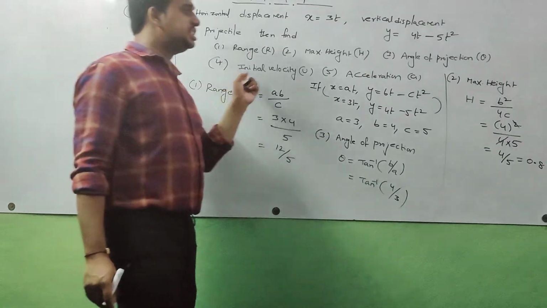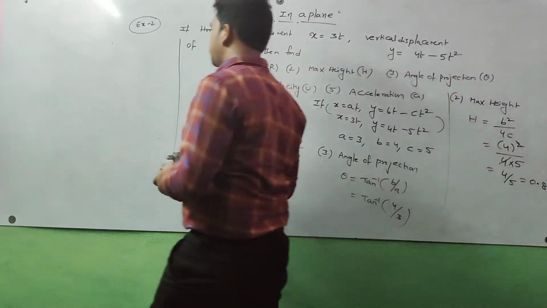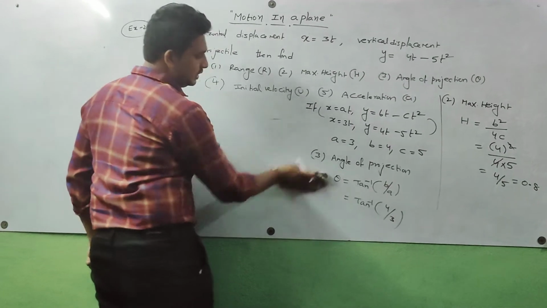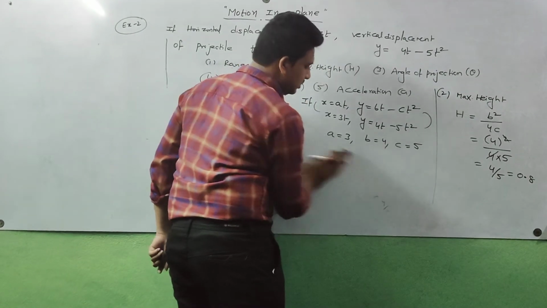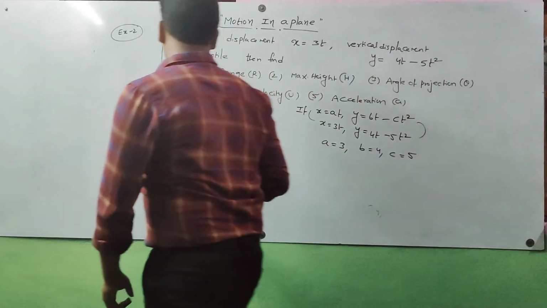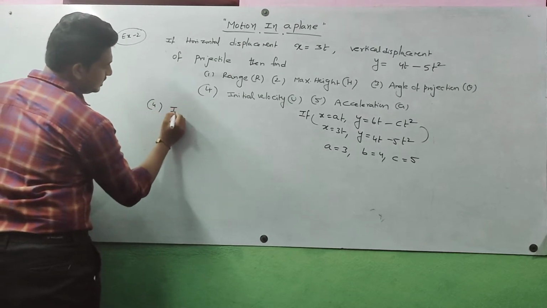Next, the fourth one, initial velocity and acceleration. So we are finding initial velocity and acceleration. Observe carefully. How to find initial velocity?